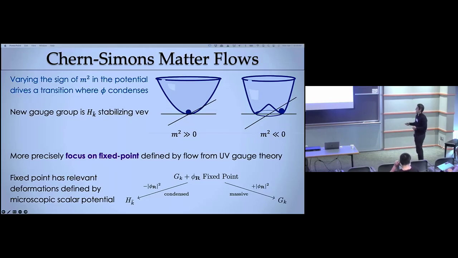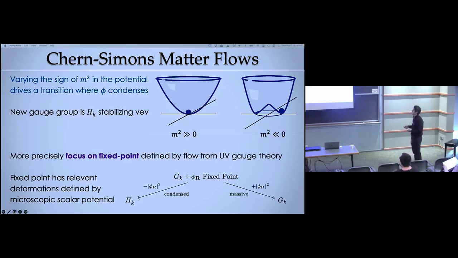And at long distances, we get the topological field theory that we started with, G at level K. And if you change the sign of m squared, then you put the minimum away from the origin. And so now you Higgs the gauge group. The gauge group G will be broken down to H, with some new level, K tilde. So this H is whatever stabilizes the vacuum expectation value in your problem.